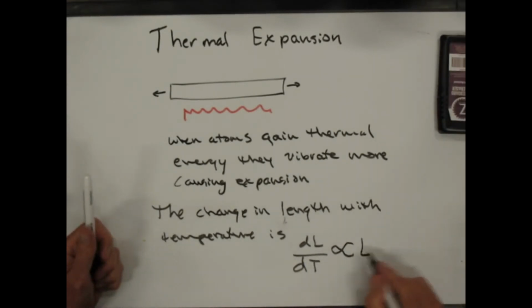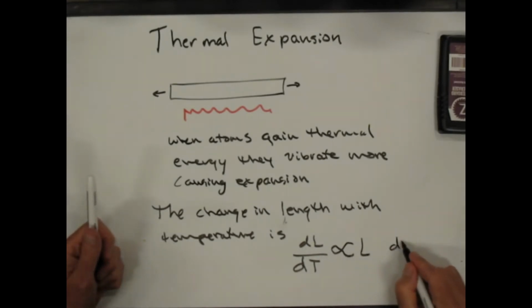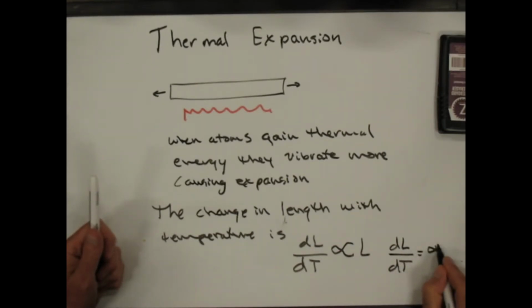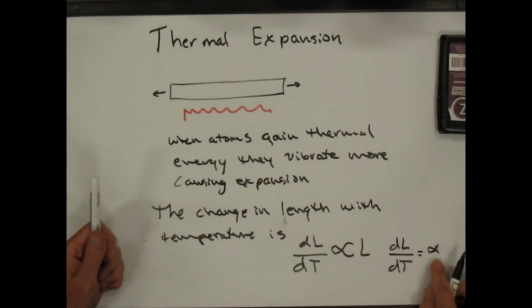And so you can always change a proportionality into an equal sign by just inserting a constant. So we write it this way. The change in length of an object with respect to temperature is equal to alpha L. So that's a proportional sign for math, and that's a Greek letter alpha. Don't get those mixed up.